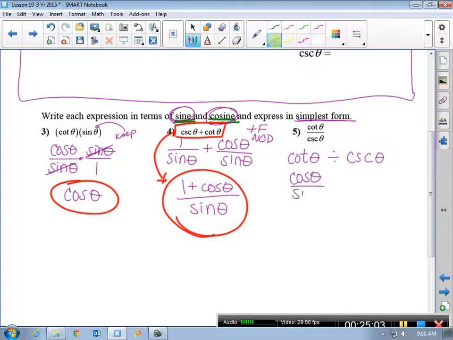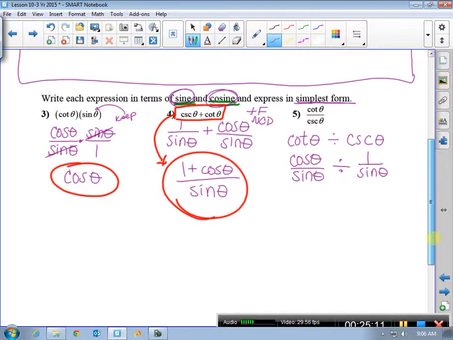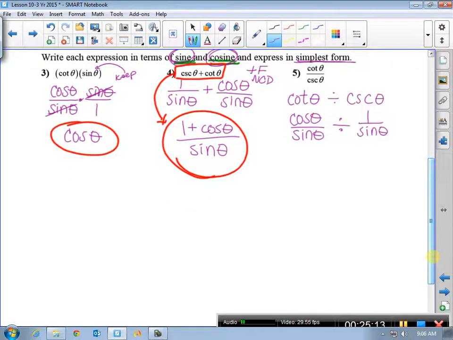Now substitute your identities, keep it in division, and then you have cosine over sine divided by a fraction. We're going to multiply by its reciprocal. And you can see we reduce our sines, we're multiplying, and we're left with cosine of theta.